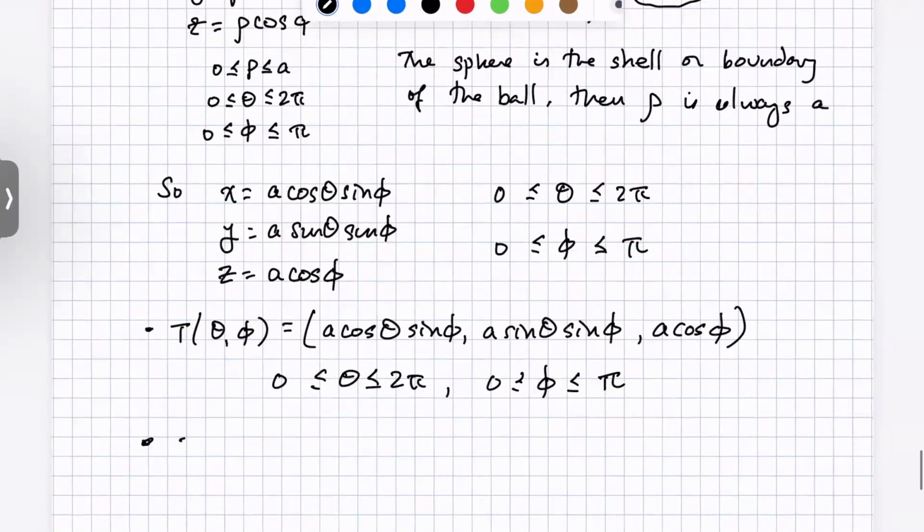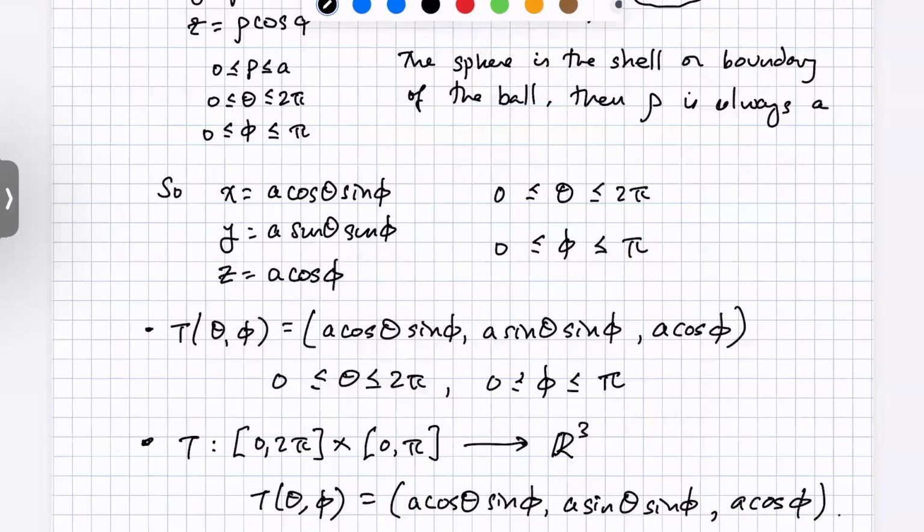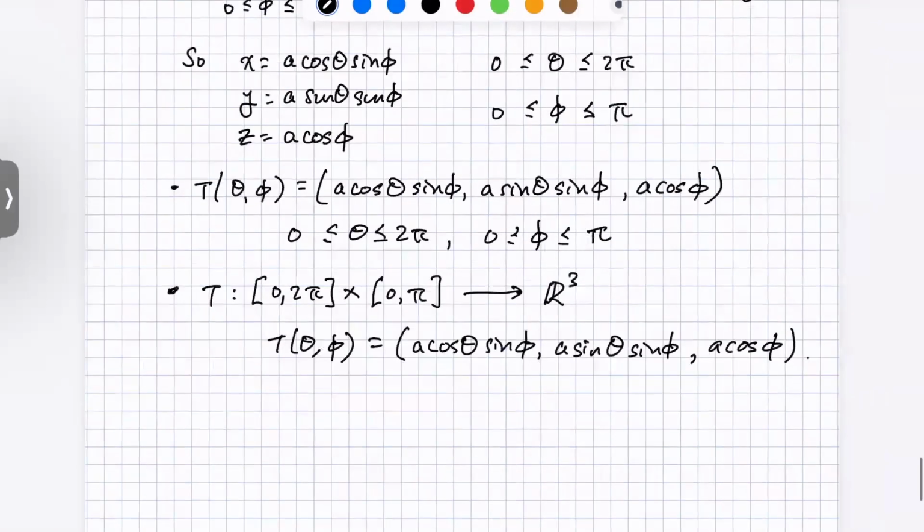Of course, the other way of writing this is that T goes from 0 to 2 pi cross 0 to pi, and it goes to R3, given by T of theta, phi. Exactly the same formula as above, but written slightly differently. It looks like this.